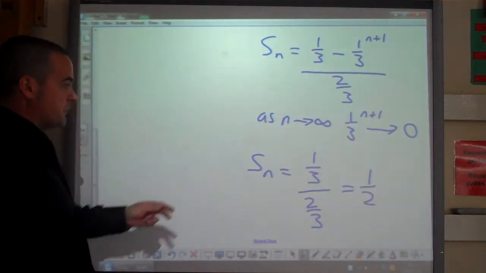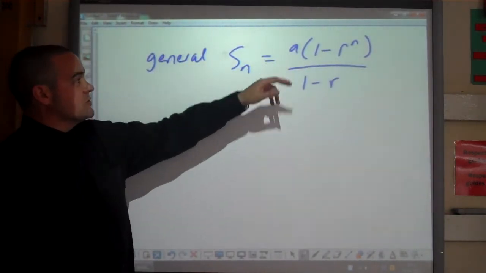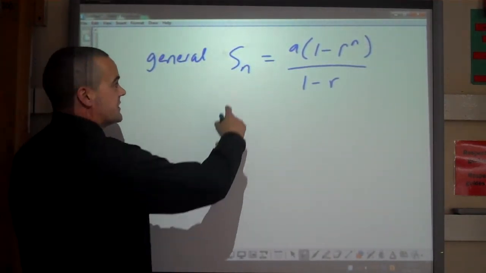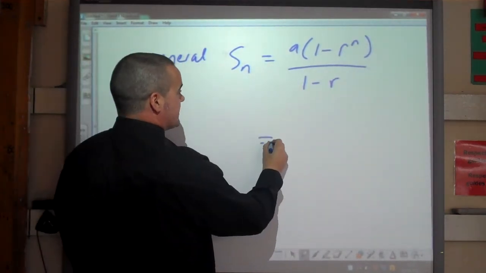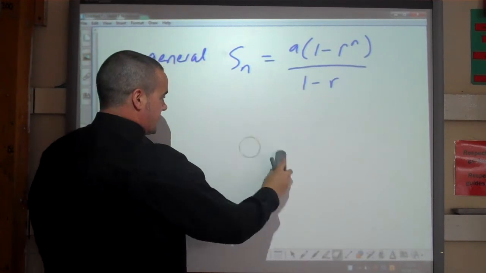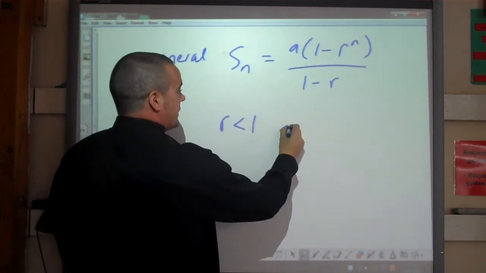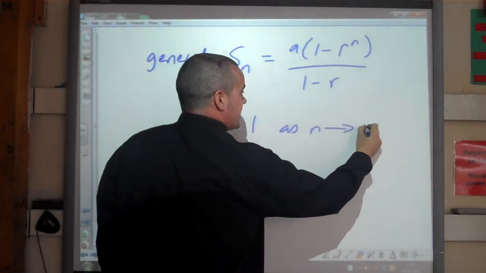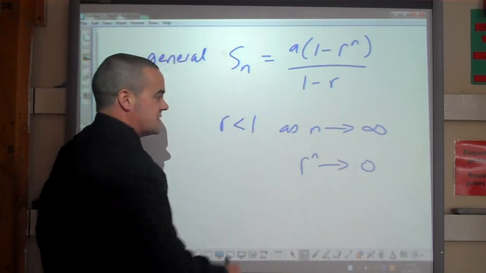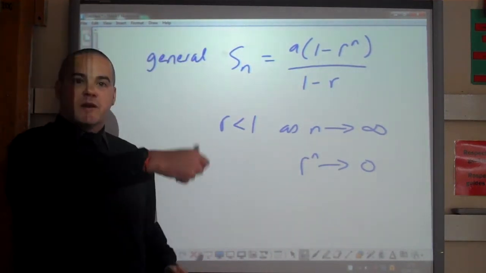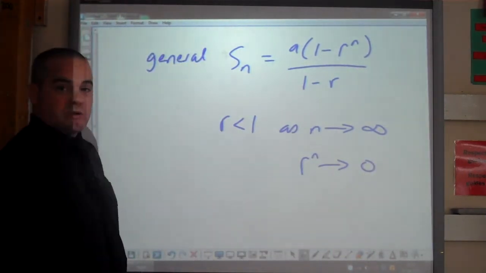Okay? Now, I can use this in a more general way by using this formula. By the same principle, because r is less than 1, as n tends to infinity, r to the n will tend to 0. Because if I keep repeatedly multiplying by a number less than 1, eventually it will get so close to 0, you might as well call it 0.